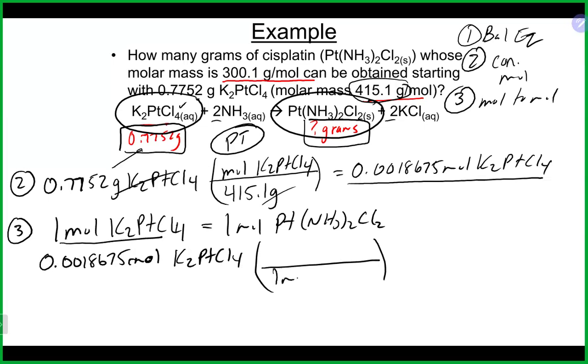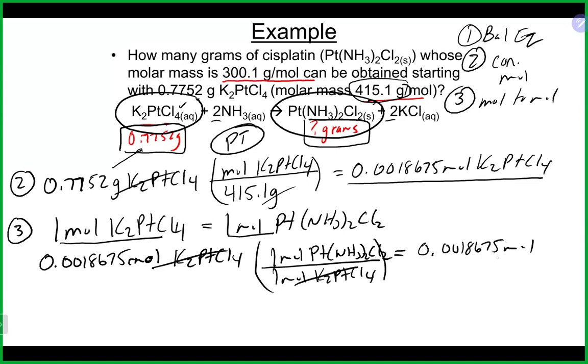So 1 mole of K2PtCl4 gives me 1 mole of our guy we're actually looking for in this problem. The moles of this will cancel. Since this is a 1-to-1 relationship, I think I could do the math there. 0.001867 moles of our product in this particular case. And that is the sort of big stoichiometry step there.